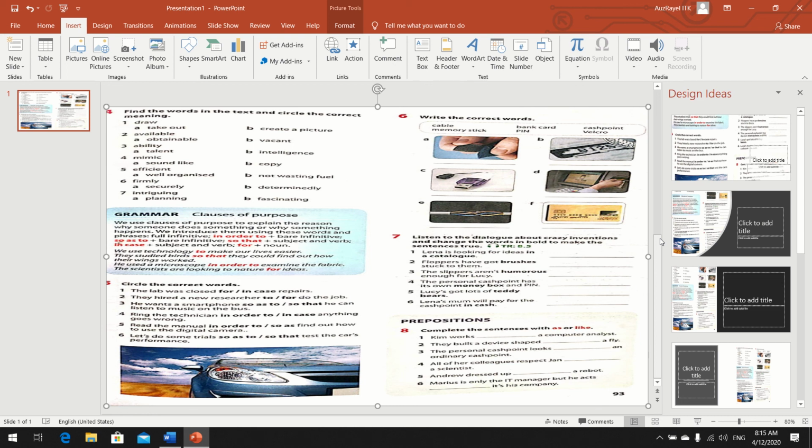All of her colleagues respect Jan as a scientist. Andrew dressed up like a robot. Marius is only the IT manager, but he acts as if it's his company.